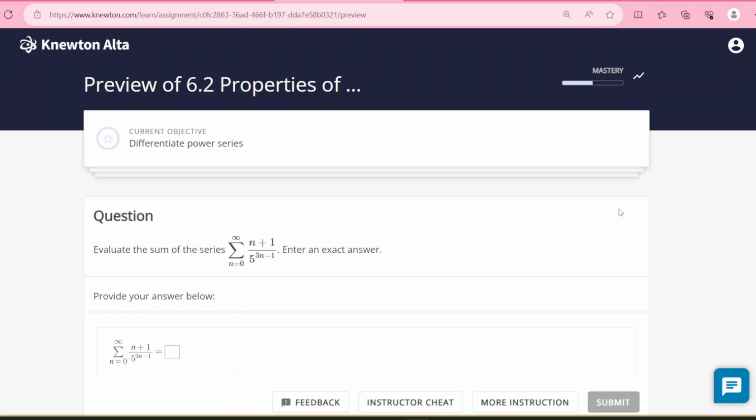And what you're going to see is, and I'll write this up, if you have a power series with a certain interval of convergence, the derivative series and the integral series will have the same interval of convergence, except maybe at the ends. All right, so you know what? I'll just write that up right now.